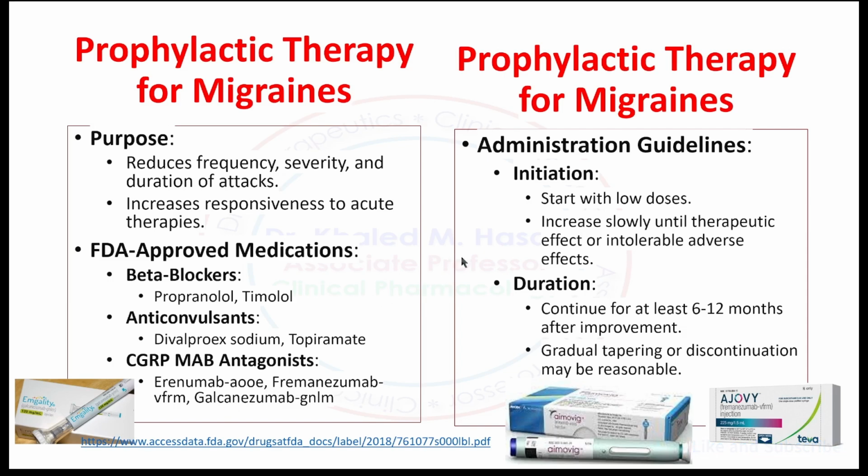The guidelines say to start with low doses and increase them slowly until you get the therapeutic effect with a lower risk of intolerance. We need to continue the treatment for 6 to 12 months, and then if you would like to stop this medication, try to decrease it gradually.